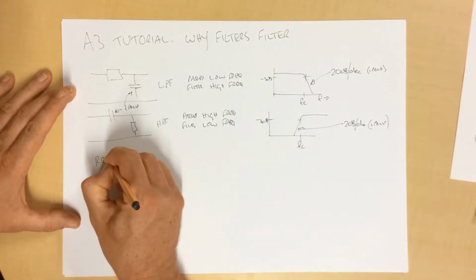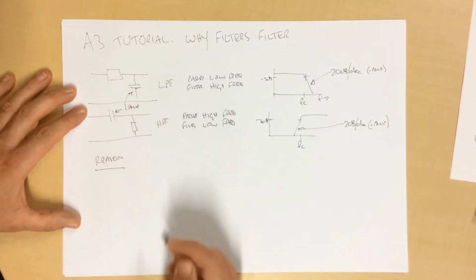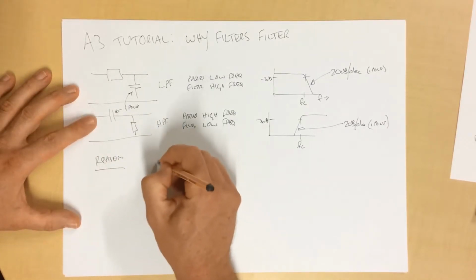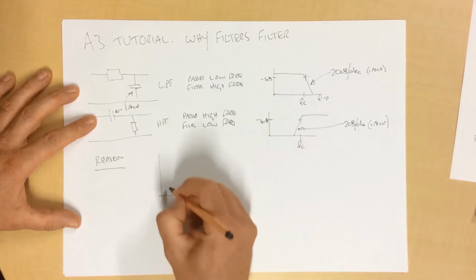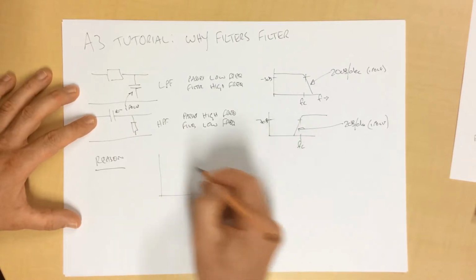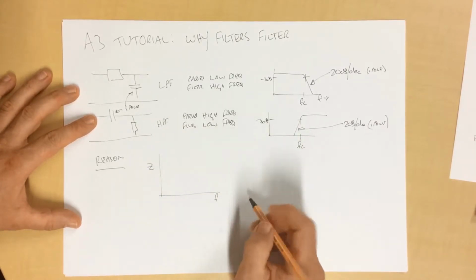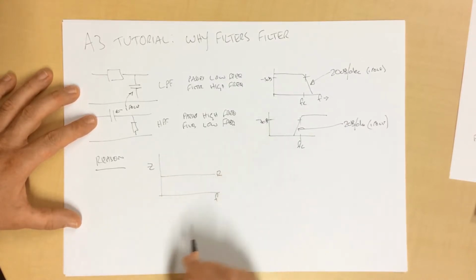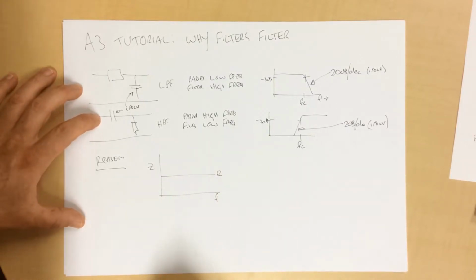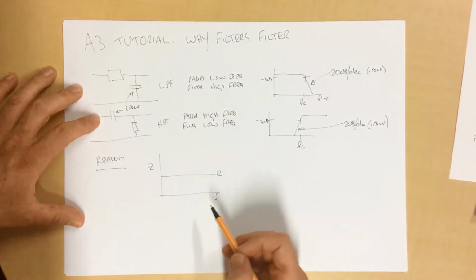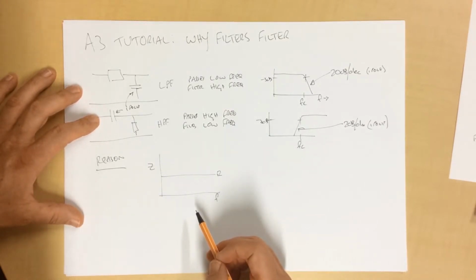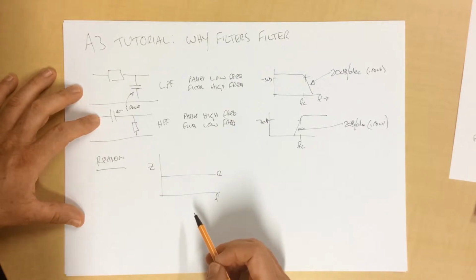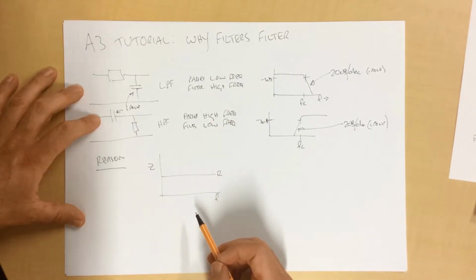The reason is simply because of this graph, this relationship here, where we have frequency and impedance, and we know that for a resistance, the impedance is independent of frequency. A 5 ohm resistor is 5 ohms, irrespective of whether it's got 300 hertz or 3000 hertz through it.